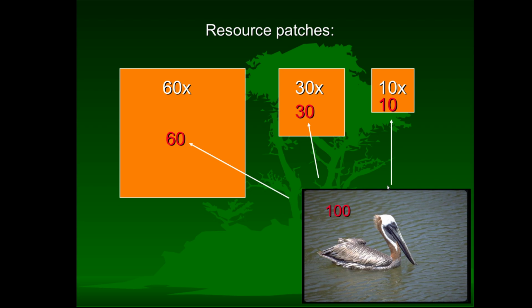Well, the distribution resulting from each individual behaving to maximize its fitness is 60, 30, and 10 individuals, respectively, in the 60x, 30x, and 10x patches. They should arrange themselves exactly in proportion to the level of resource in each patch. So when each individual is free to move to maximize fitness, the population ultimately will be dispersed exactly in proportion to the resources in these patches.